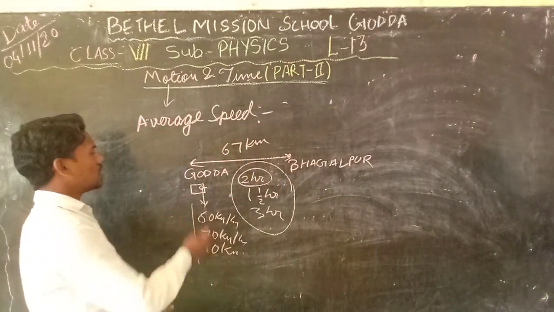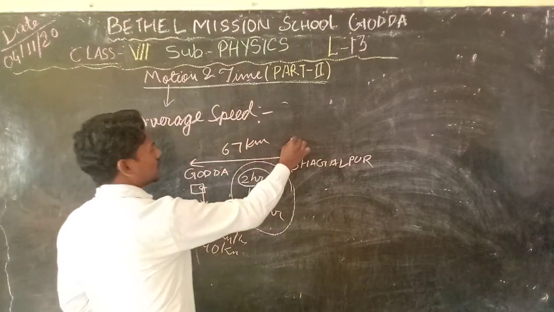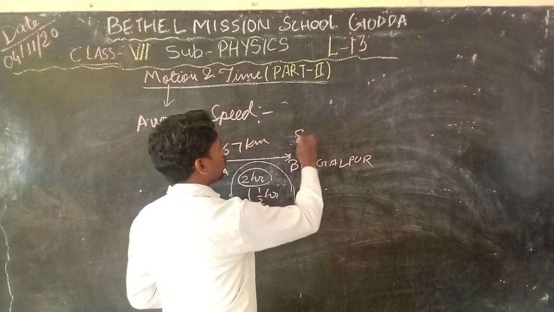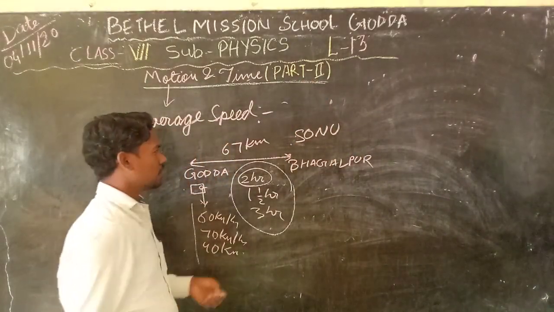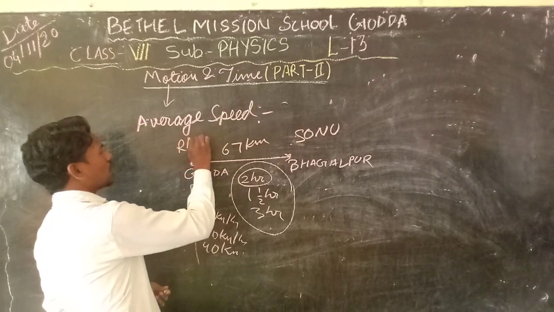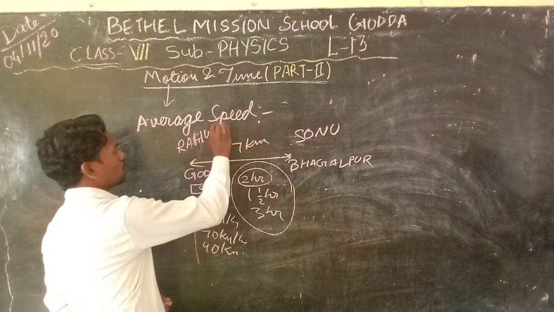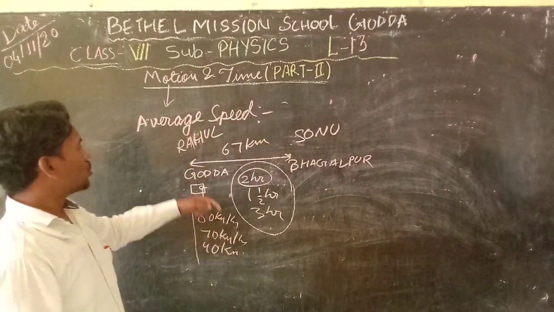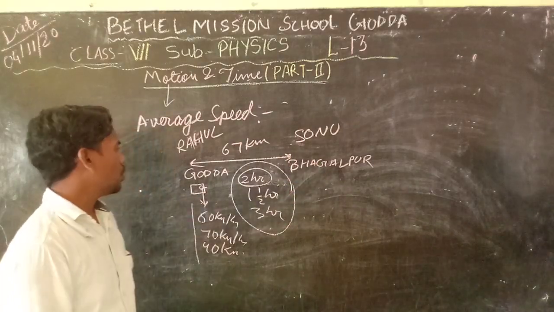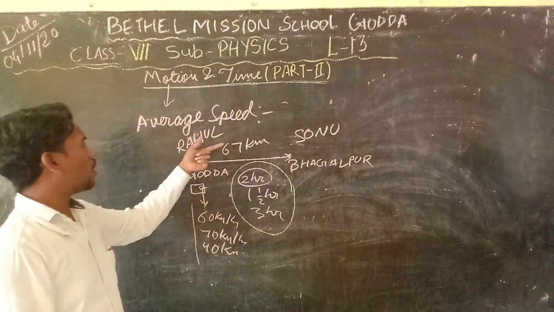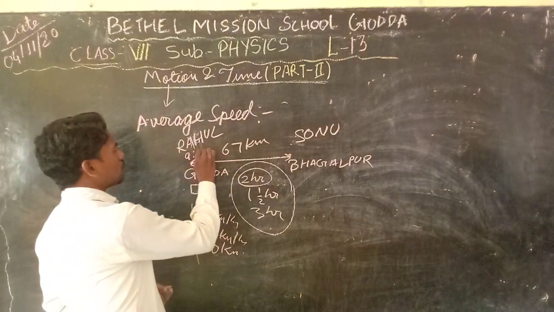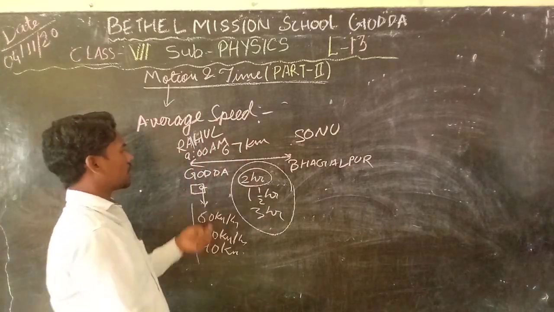So let us consider that your friend is here in Bhagalpur. Let your friend be, let us say, Sonu. Sonu is your friend. He gave you a call, and let us say you are Rahul. So Sonu called Rahul to come to Bhagalpur. Sonu is in Bhagalpur. When he set off from Godda, it was maybe 9 o'clock in the morning.